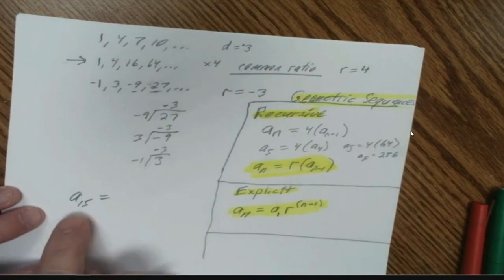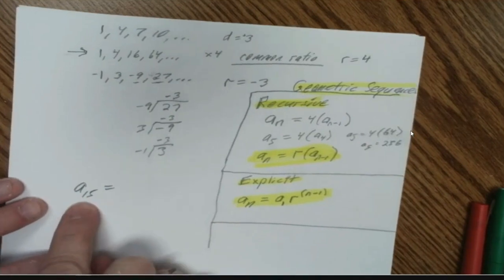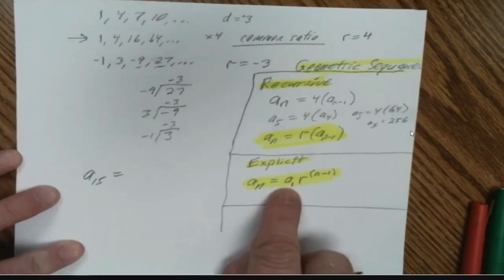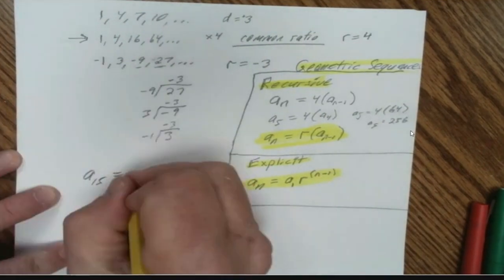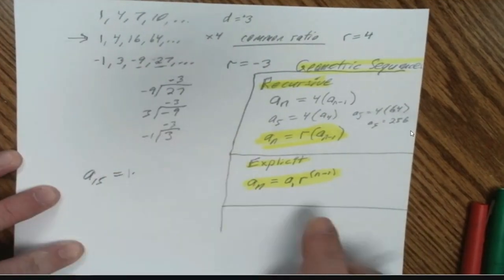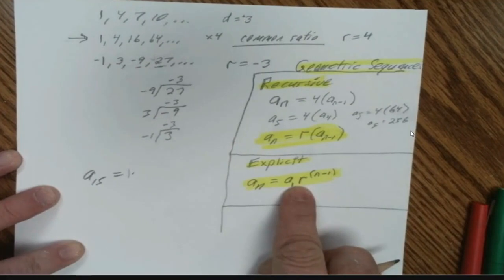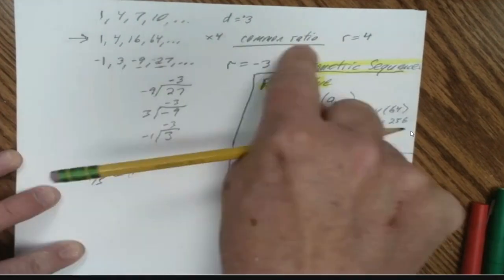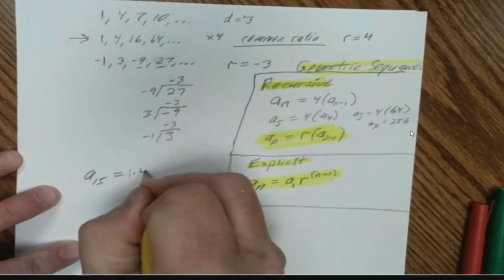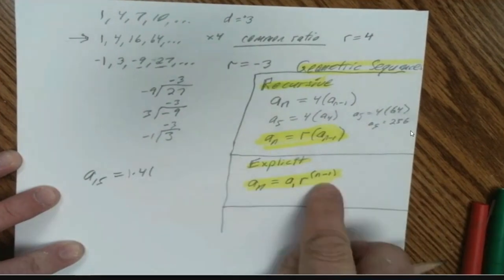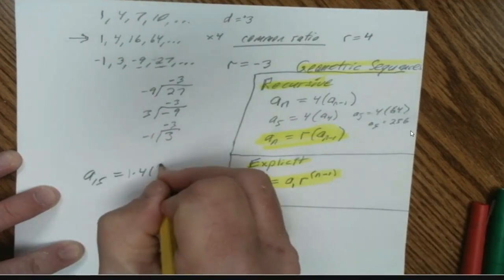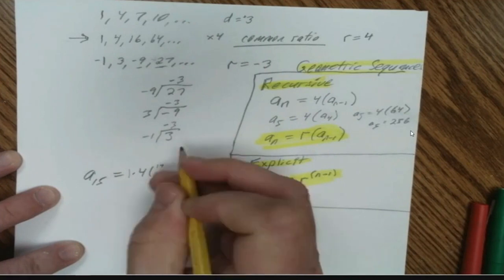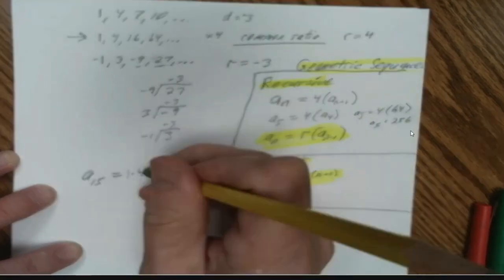So this says if I want to know the 15th term, I can take a sub 1, which our first term in this was 1, times the common ratio, which we calculated was 4, to the power of n minus 1, 14. Oh, I just put in minus 1 parentheses.